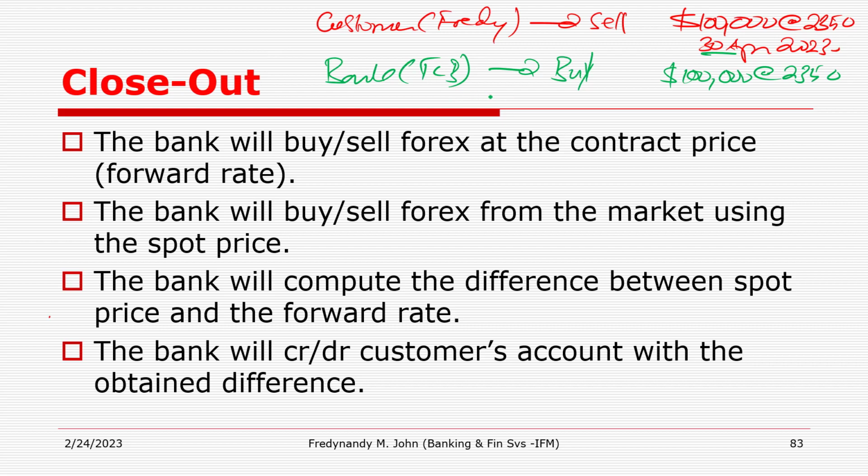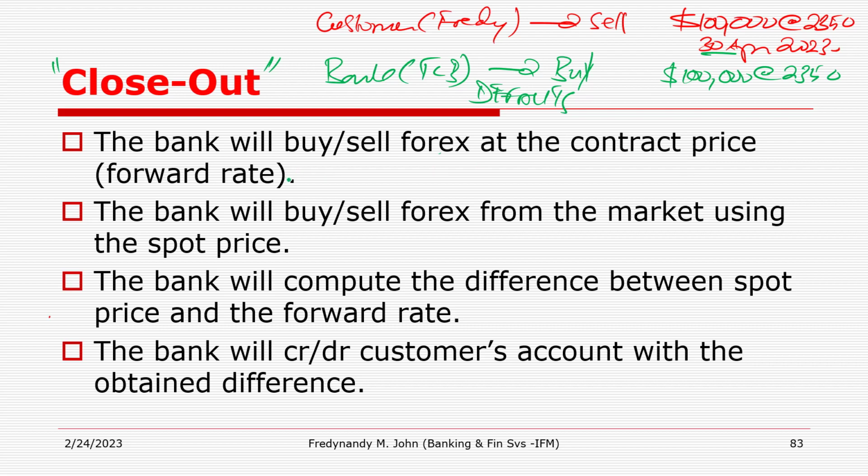Now, on maturity, the customer, Freddie, defaults for any reason. If Freddie defaults, what happens is the banker is supposed to close out this contract. How is the banker going to close that contract? The bank will buy foreign currency, that is 100,000 USD, at the contracted price or the forward rate.